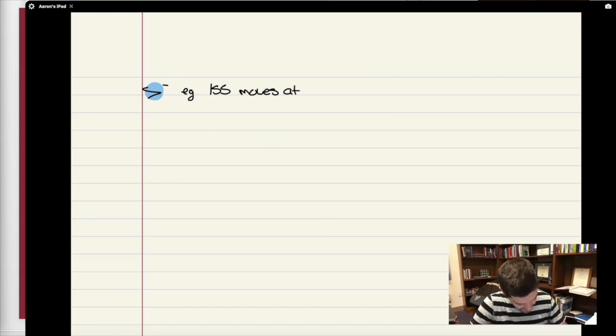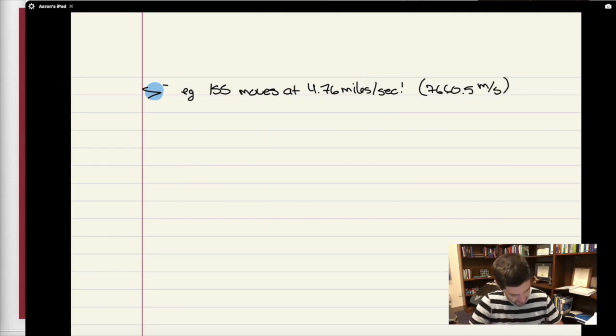All right, how about an example? E.g., the International Space Station orbits around the Earth. It moves at about 4.76 miles a second, which is about 7,660.5 meters a second.